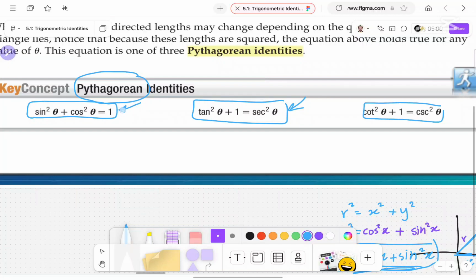If you can just memorize the first one, from the first one you can extract the second one and the third one. How can you extract number 2 and how can you extract number 3?